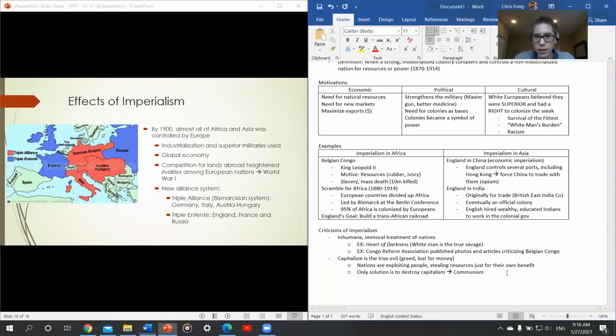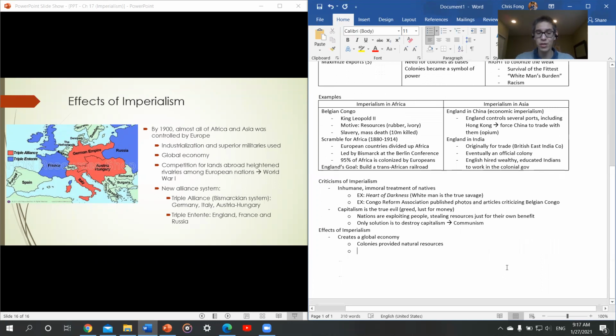I actually put this in here as effects of imperialism. It creates a global economy. Countries are trading not just with each other, not just within their own country, but around the entire world. Specifically, colonies provided natural resources or were forced to provide natural resources, and then Europeans would export manufactured goods.